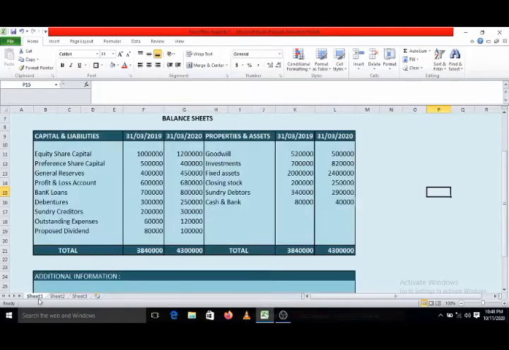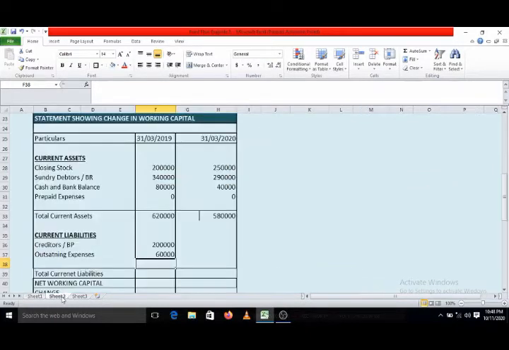Year 2, sundry creditors 3 lakhs and outstanding expenses 1,20,000. So 3 lakhs and 1,20,000.